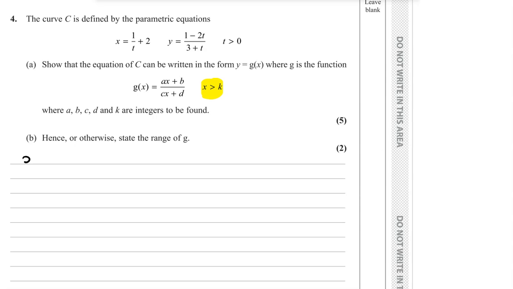So we've got x equals 1 over t plus 2, and we've got y equals 1 minus t over 3 plus t. Because it's in the form y equals g of x, I want this to end up being y equals some function of x.